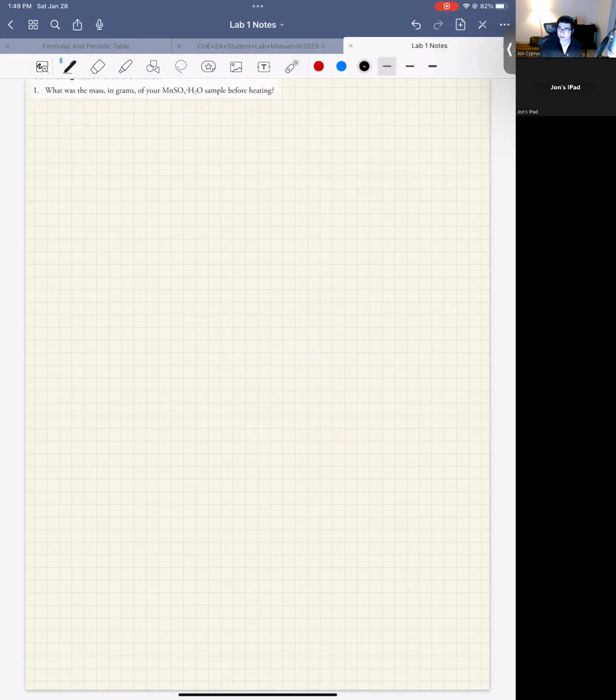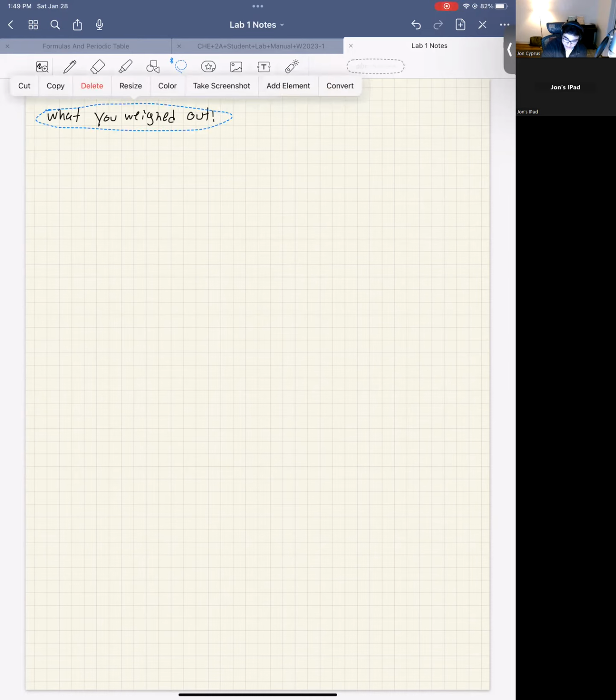So what is the mass in grams before heating? So this is going to be what you weighed out. I was thinking of the crucible. This is what you weighed out. So in my case, I'm just going to make up a number.